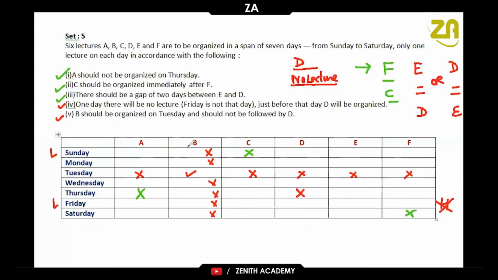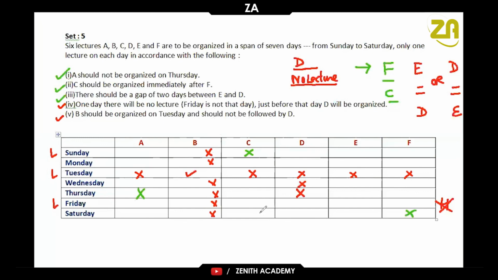Means Tuesday is the lecture day, and on Tuesday, lecture B. Look here. It should not be followed by D. Means lecture D is not possible the following day of a Tuesday, Wednesday. Cancel out.